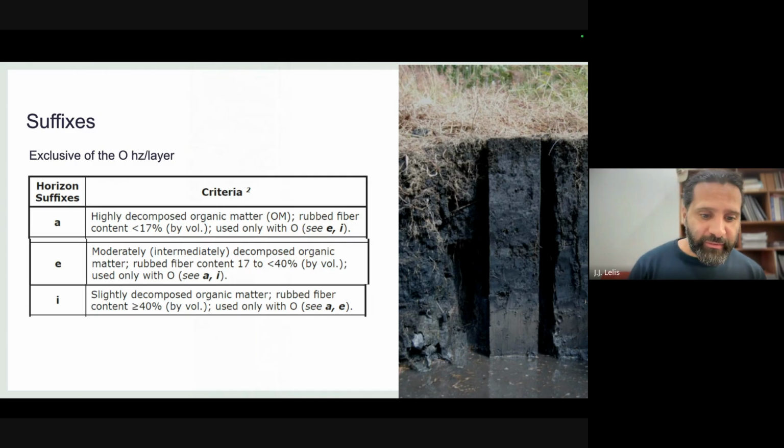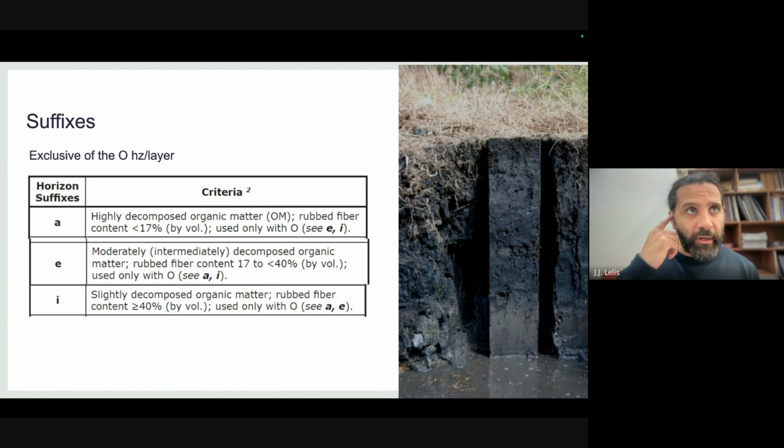These suffixes are letters that we add to the master horizons, especially the master horizons, and in some cases also to the layers, to express one specific characteristic, one specific property.